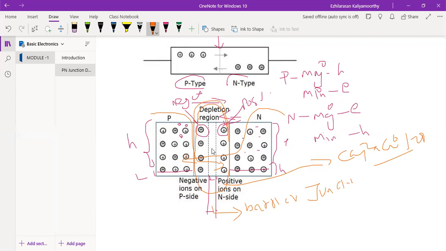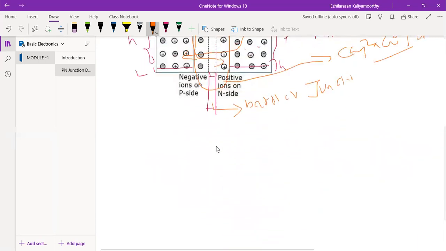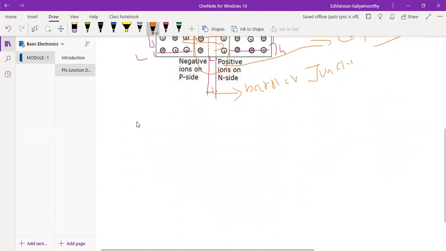Now we can operate the PN junction diode in three modes. One is the zero bias, or no applied bias, that is V equal to 0 volt.